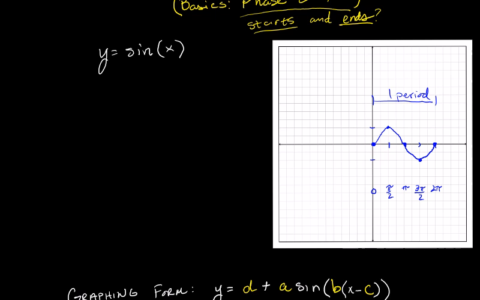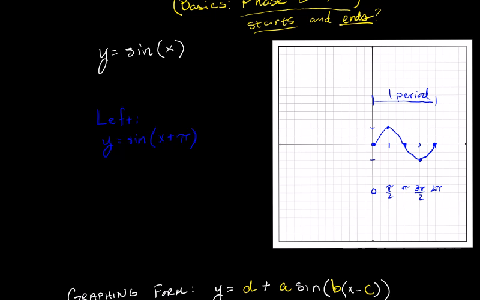So what we're going to be doing, obviously, is shifting that left and right. And just a couple things about that shifting. Remember, this would be a shift to the left. A shift to the left would look like this: y equals sine of, and then parentheses, x plus pi. Remember, when it's on the inside of the function, it's going to be kind of the reverse or opposite of what you see.